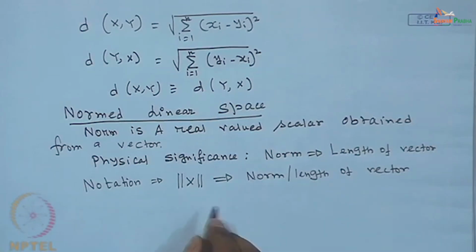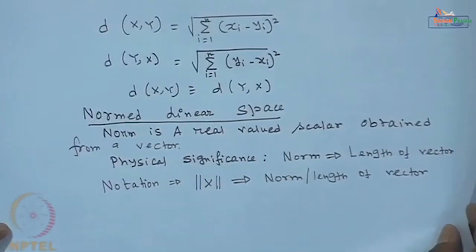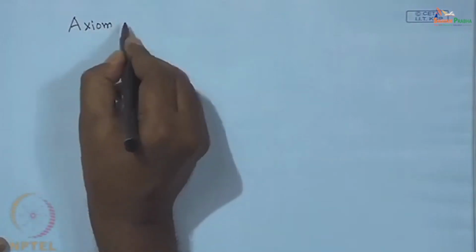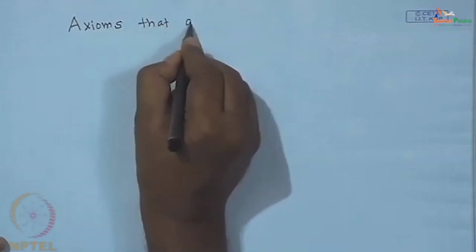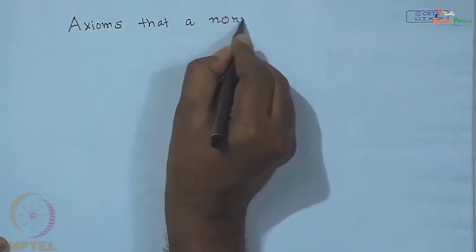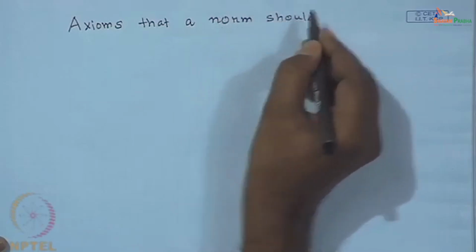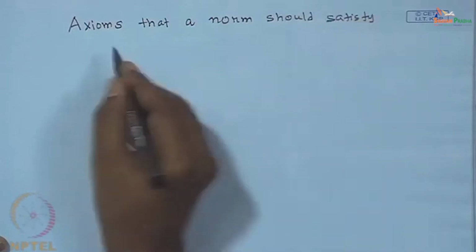Again, a norm must satisfy some set rules or axioms. Let us note them down. The axioms that a norm should satisfy are as follows.